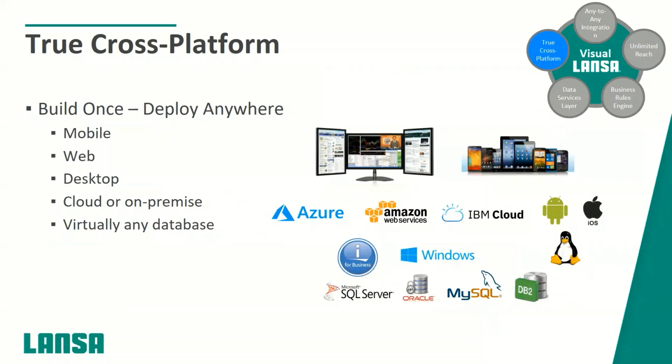Whether you're on IBM i, Windows, or want to go to the cloud, whether mobile, desktop, or web, you can build any application on any platform. And you're able to call RPGs, call CLs, and interact with the IBM i in a manner that no other low-code platform can do. So it definitely makes us the most flexible.